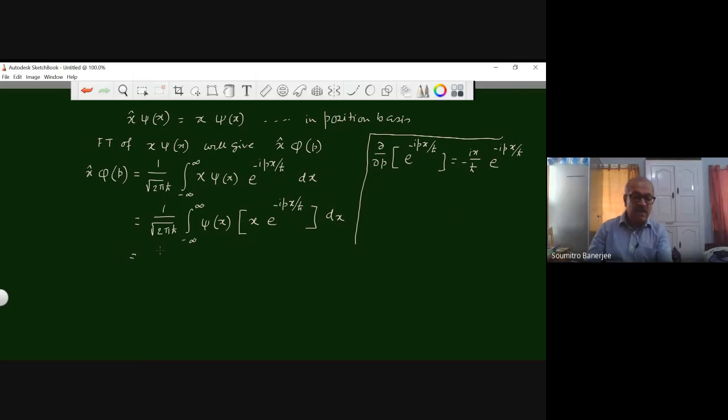So it is 1 by root over 2 pi h cross, minus infinity to infinity, psi(x).